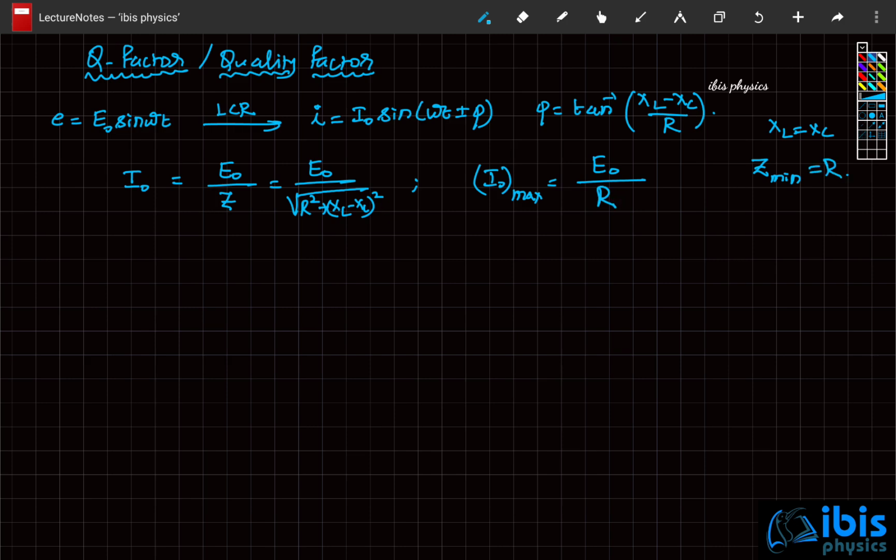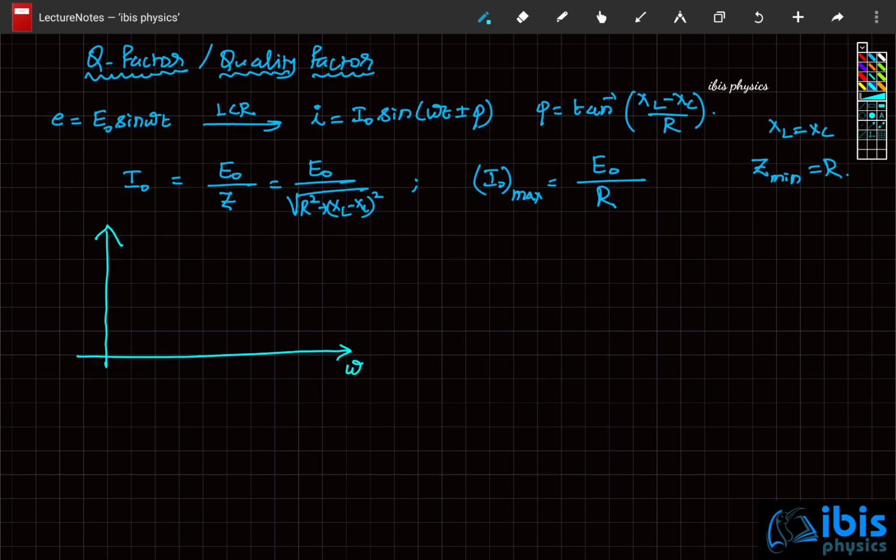Suppose you draw this curve, taking current in the y-axis and angular frequency omega in the x-axis.